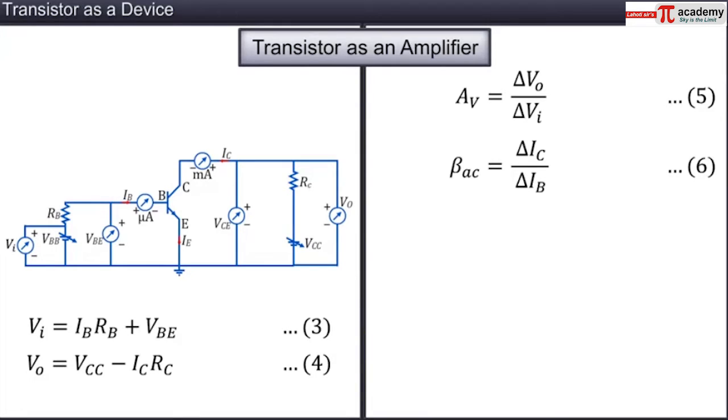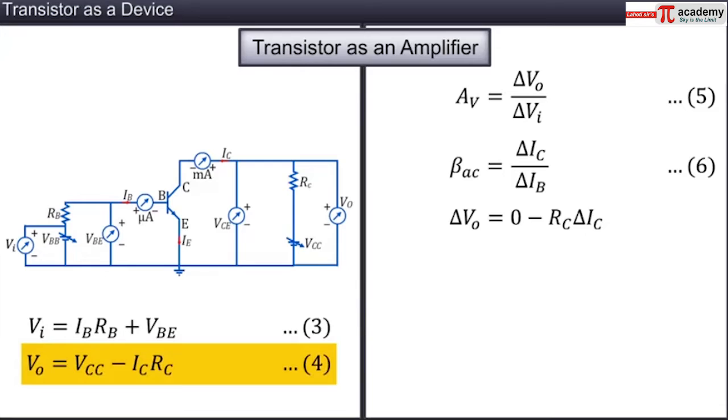Let this be equation 6. From equation 4, we can write the small change in output voltage, delta VO, is equal to 0 minus RC into delta IC, which is equal to minus RC into delta IC. Let this be equation 7.